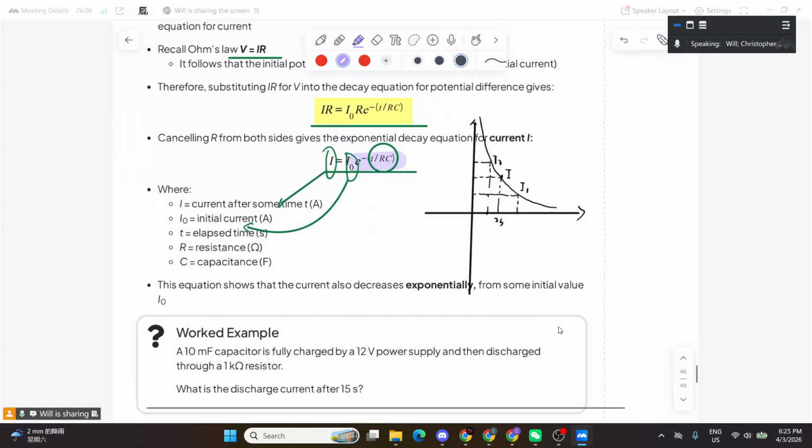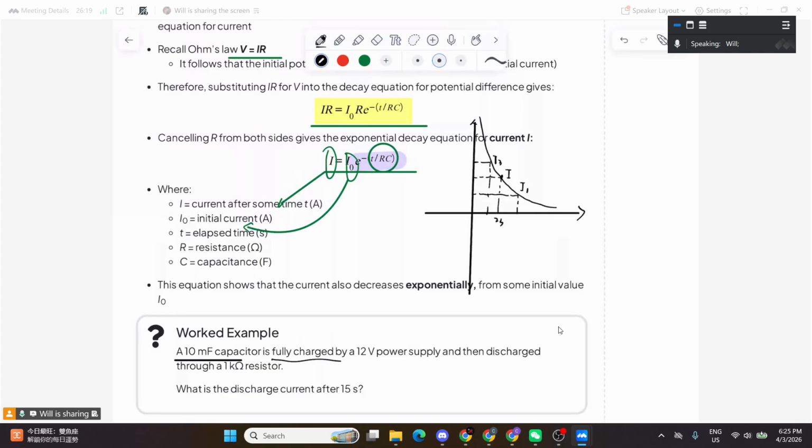Look at the worked example. The capacitor is fully charged by the power supply, and then we discharge it through a resistor.